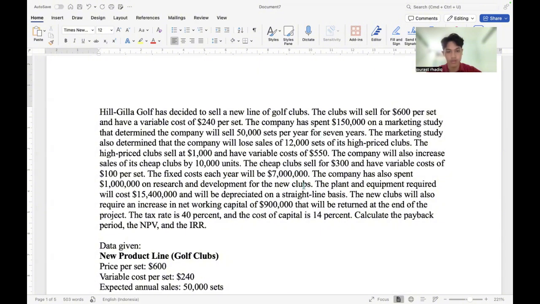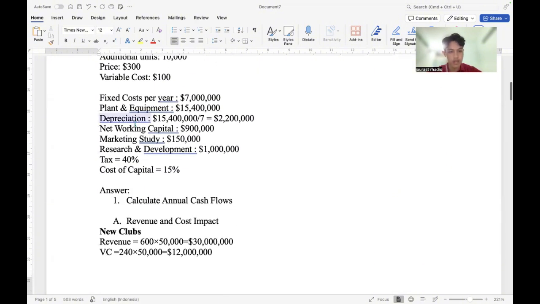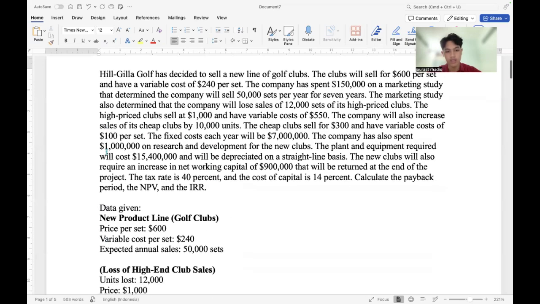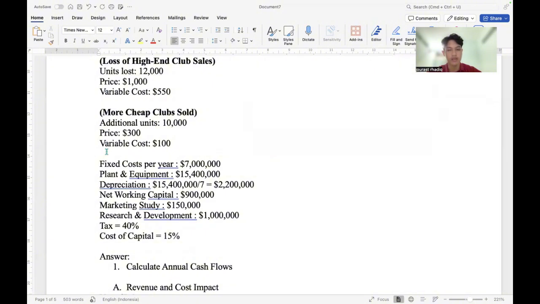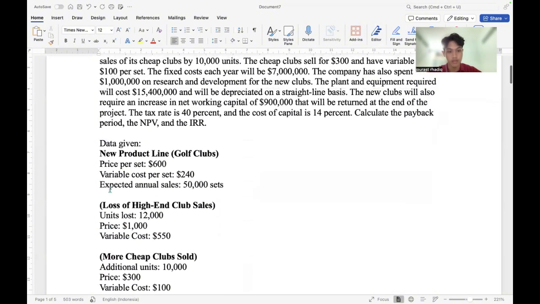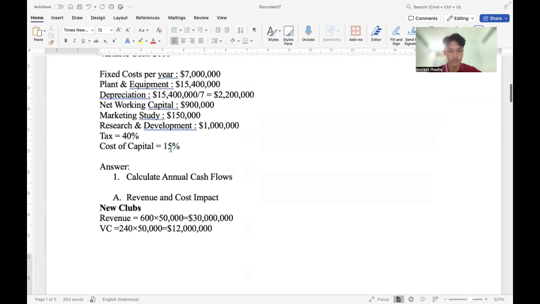And net working capital, which is extra money needed to run the project, 900,000. Marketing study 150,000. Research and development 1 mil. And there is the tax rate of 40% and the cost of capital of 14%.